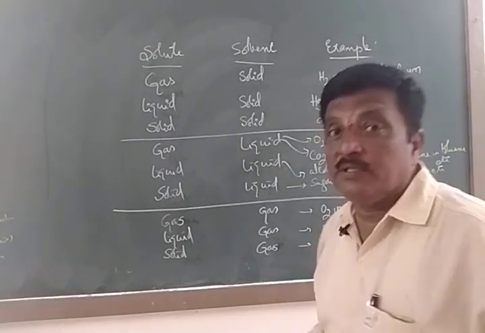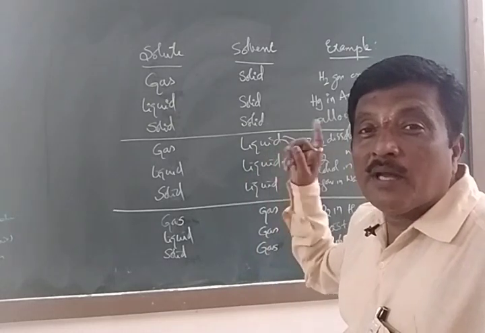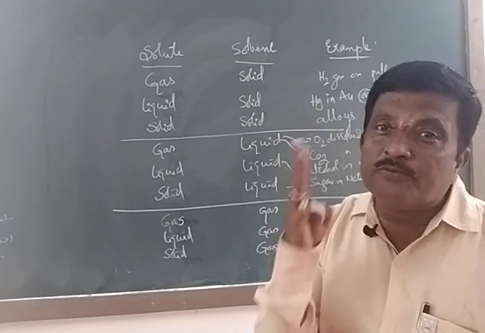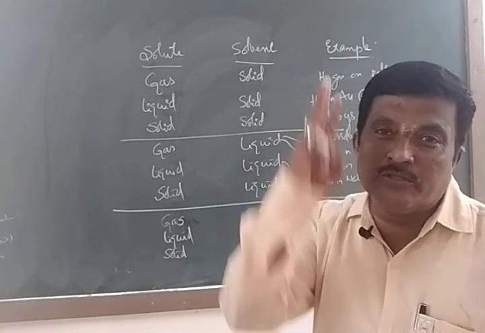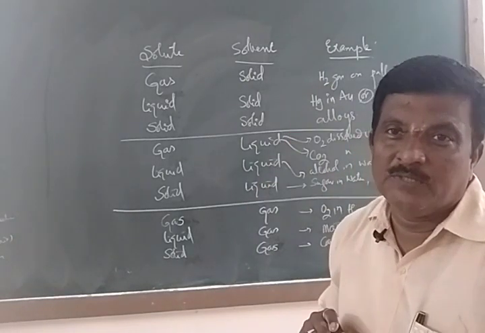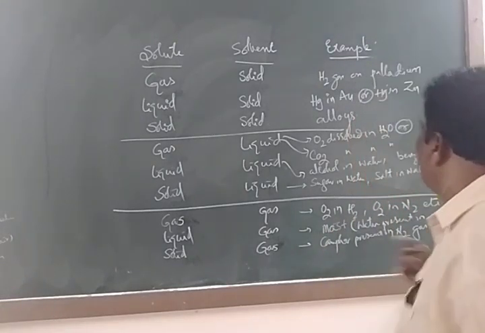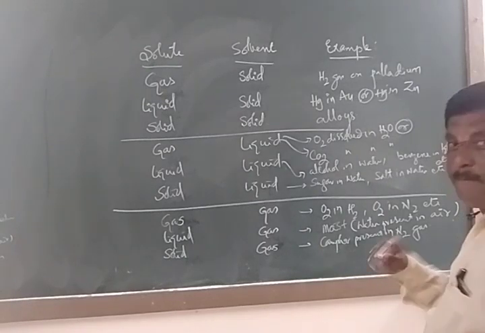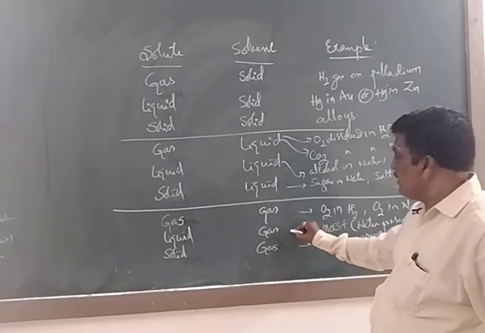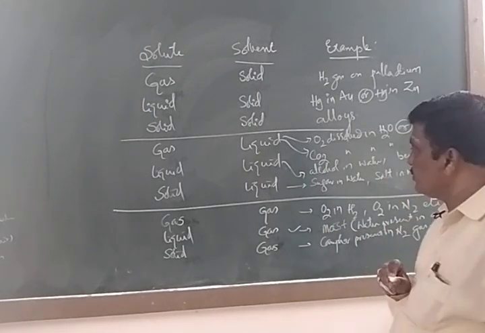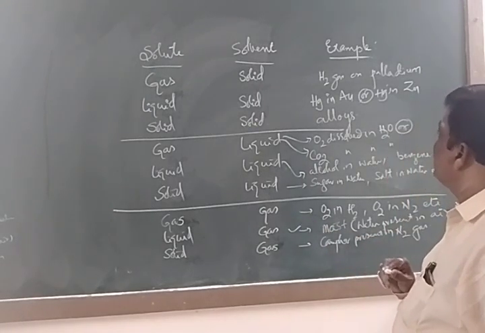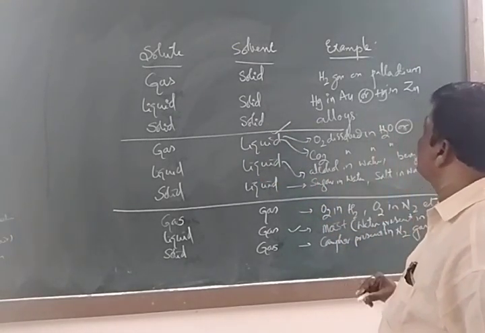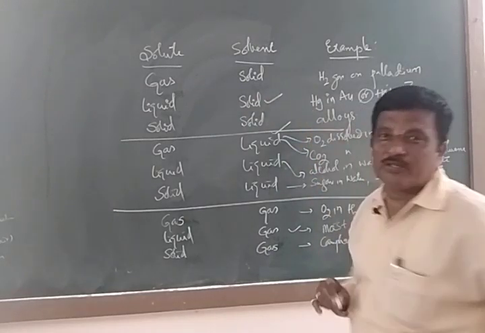So, these are the 9 types of binary solutions. 3 types of solid solution, 3 types of liquid solution, 3 types of gaseous solution. Therefore, usually in 1 mark you can expect an example of a gaseous solution, that is a liquid in gas mixture, then gas in liquid solution, as well as liquid in solid solution.